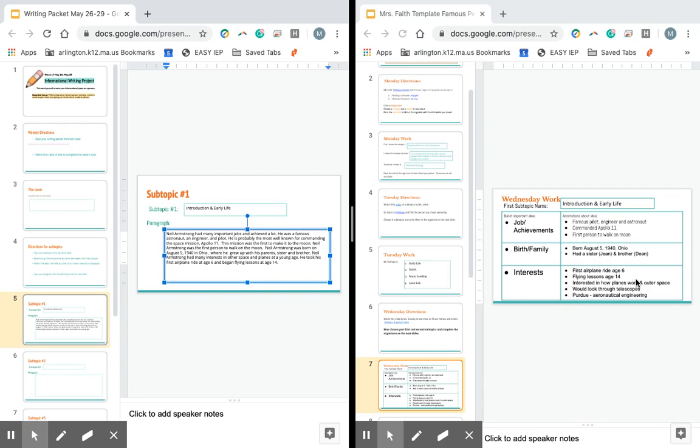He was interested in how planes worked and outer space. He would often look through telescopes to study outer space.